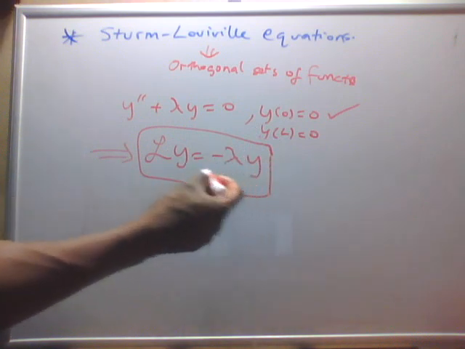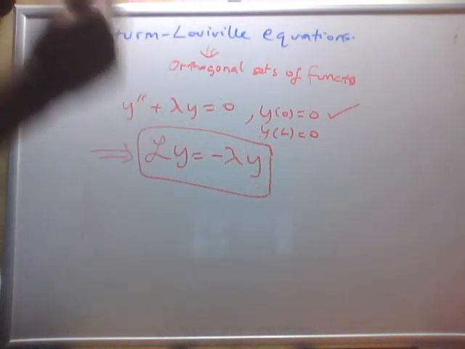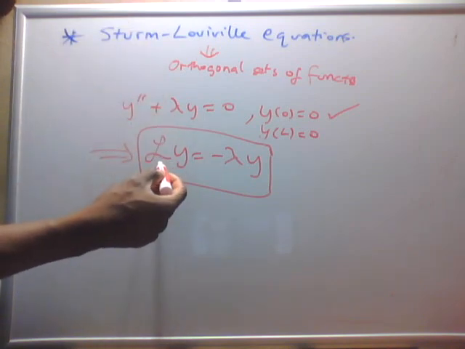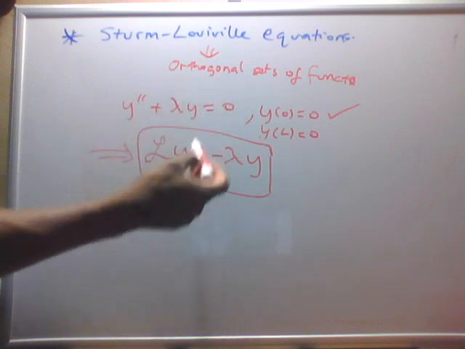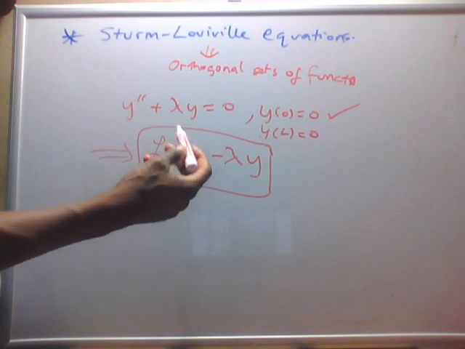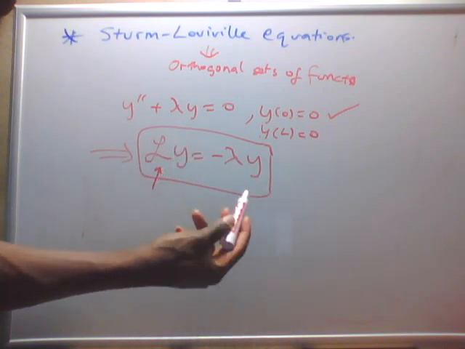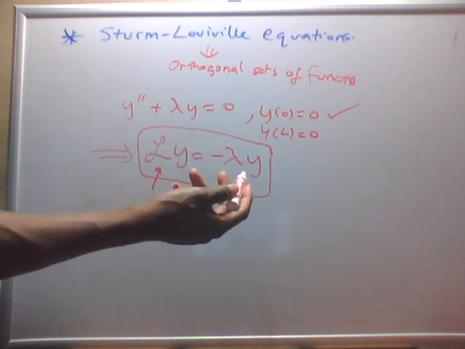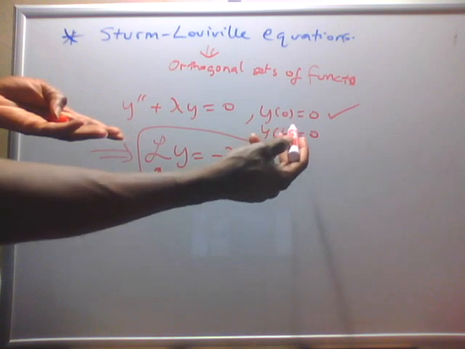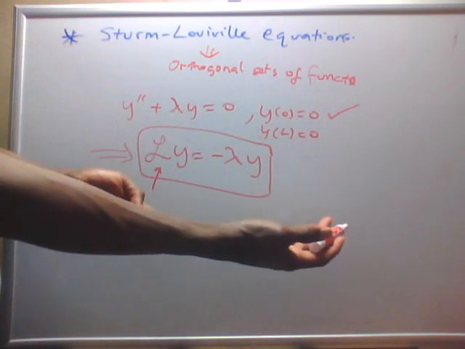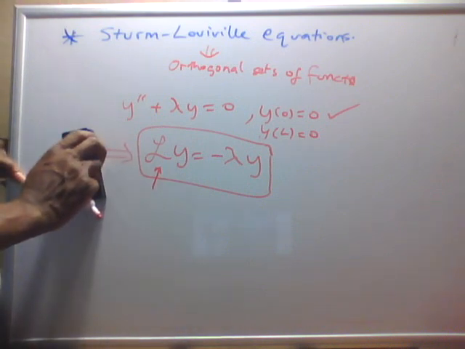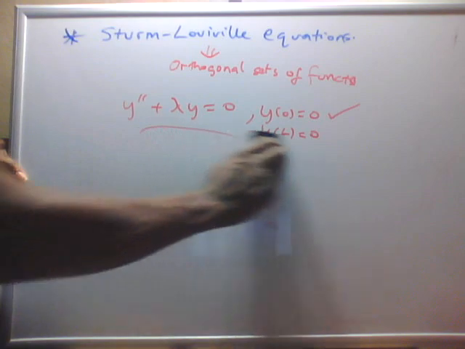There's something special about the operator of Sturm Liouville differential equations that I want to talk to you about real quick. But just remember, if I have a differential equation of this form, it's an eigenvalue problem that, given the right conditions, yields the orthogonal sets of functions we talked about.